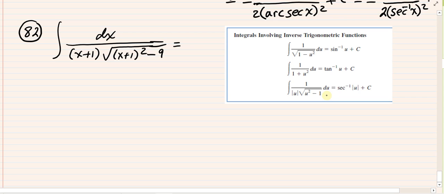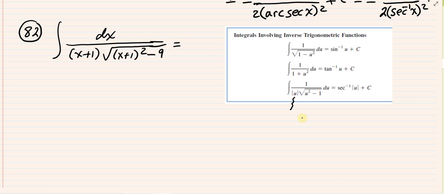First, we're going to do some preliminary work that makes this look like the third integral. Now, one thing that's important here is the absolute value of u. Later on, I'm going to tell you the reason for the absolute value in the derivative of inverse secant, so it becomes clear why there is an absolute value there.